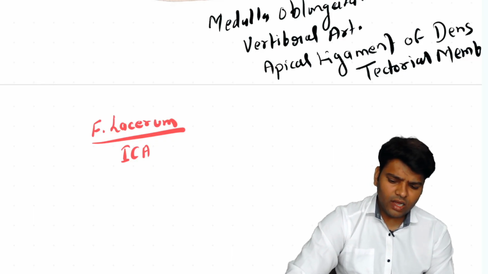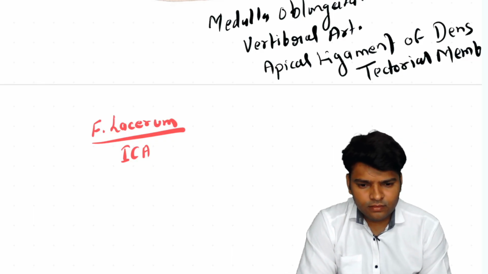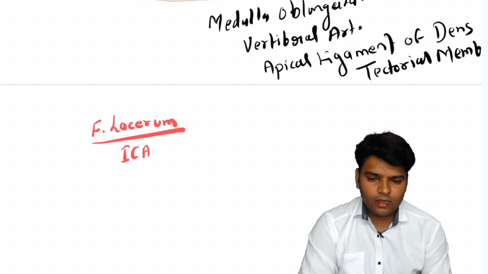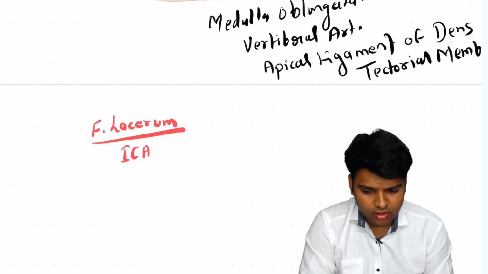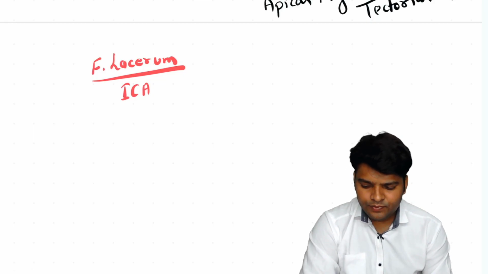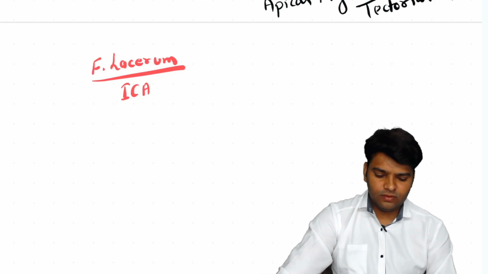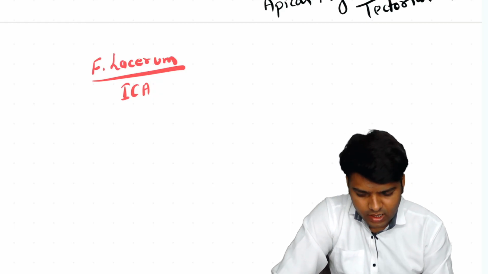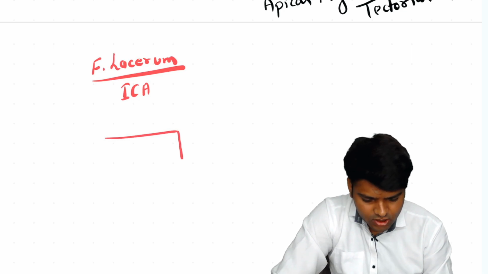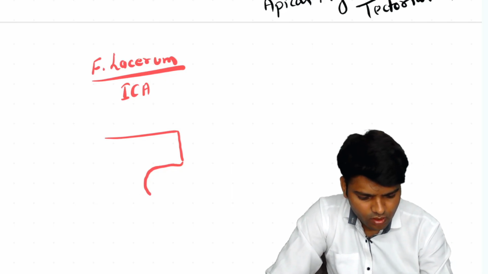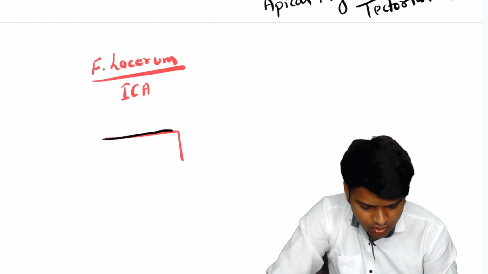But can you tell me, does the internal carotid artery pass through the complete foramen lacerum? No, because the internal carotid artery is entering through the carotid canal. How? I will tell you. From the below side you will see like this. This is the bone. I will not go into much detail of the bone.